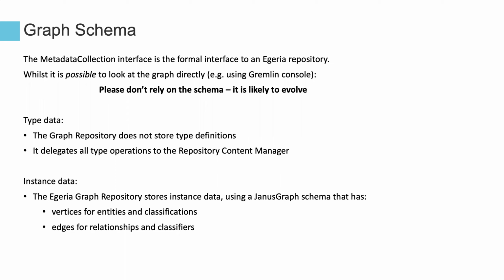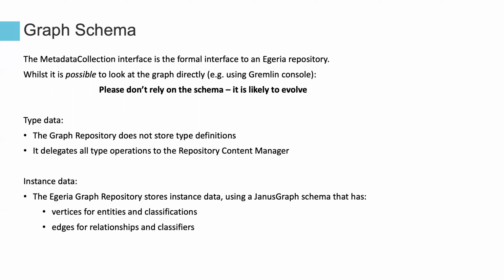But one thing I wanted to warn is, please don't rely on the schema. Don't write any other tools or applications which rely on the graph schema, because as a project, we, the Egeria community, reserve the right to evolve it for performance reasons or to introduce new features, for example. So it's really the metadata collection interface which is the formal and open interface.